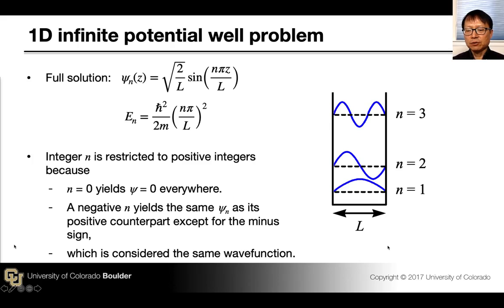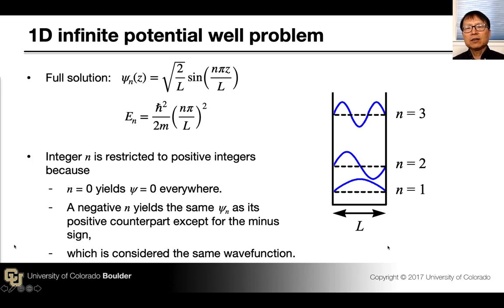So in that case, your wave function is 0 everywhere, both inside and outside, which means that there is no electron. So that is a meaningless case. So we exclude that.